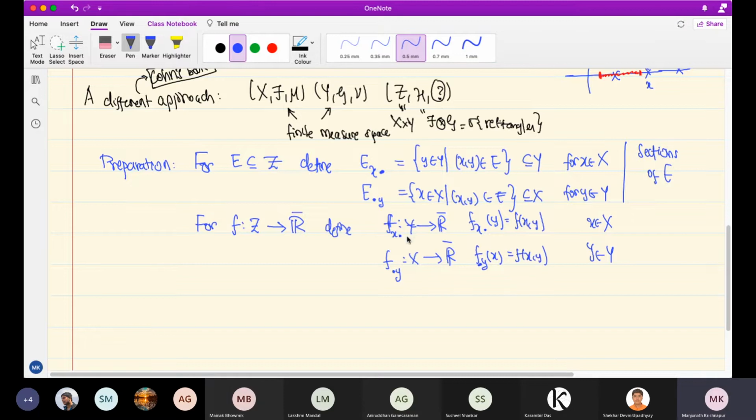So this is a function on Y, this is a function on X. These are also called sections of f.